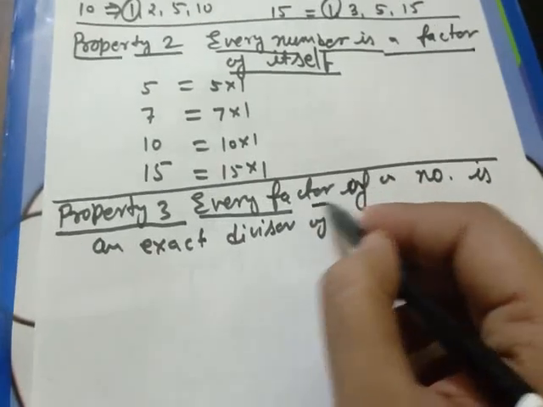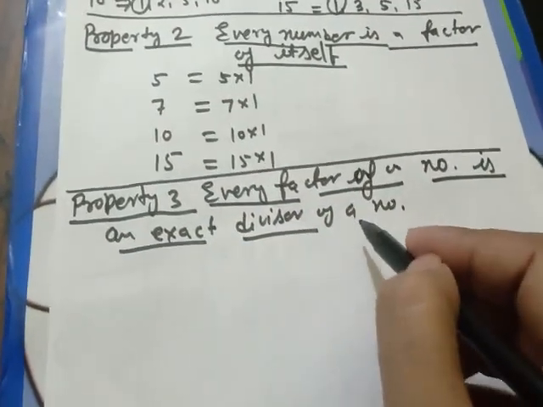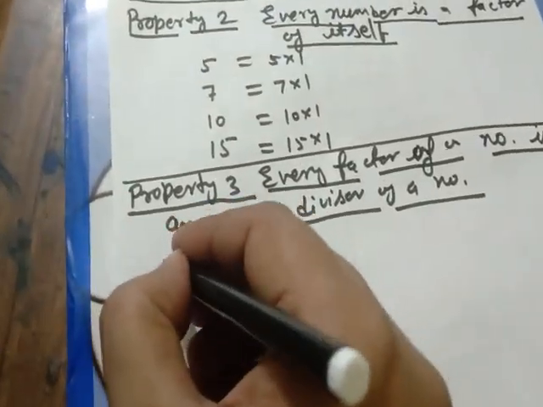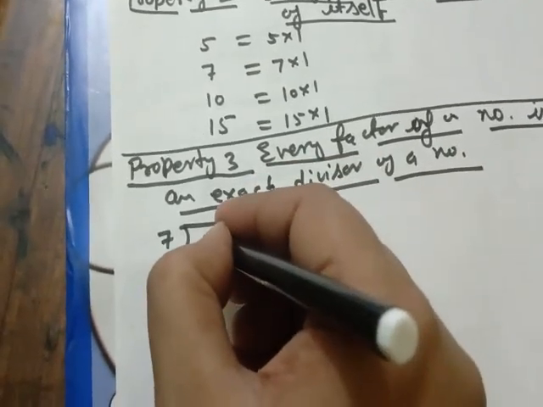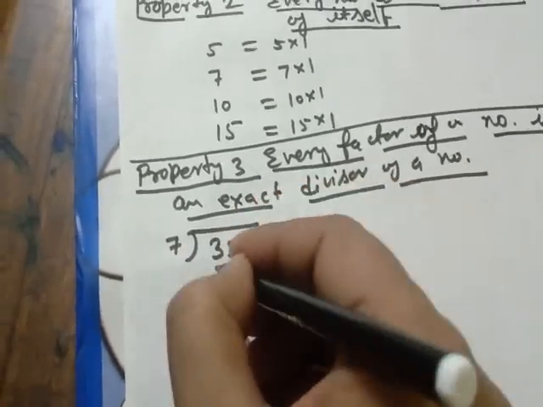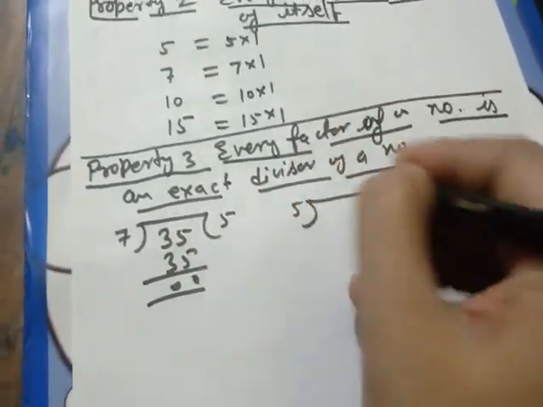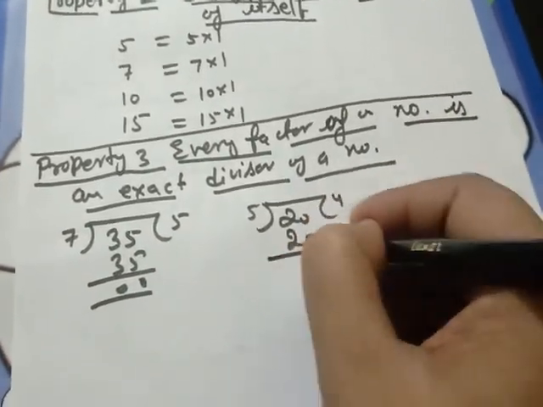Every factor of a number is an exact divisor of the number. Taking some examples as we have taken earlier, 7 5 ja 35, remainder is 0. 20 divided by 5, 5 4 ja 20.